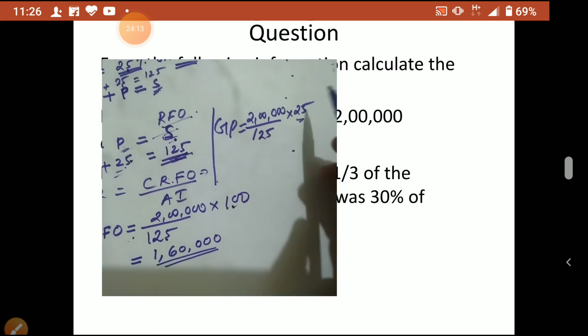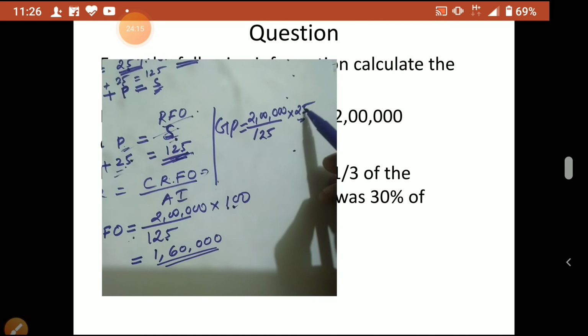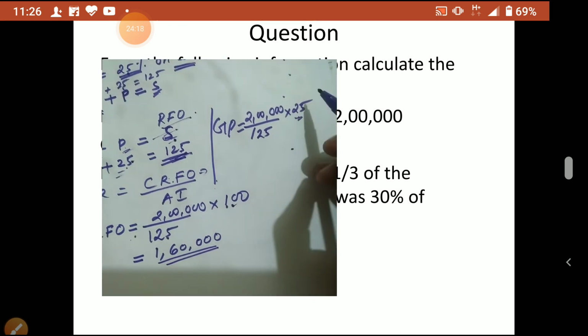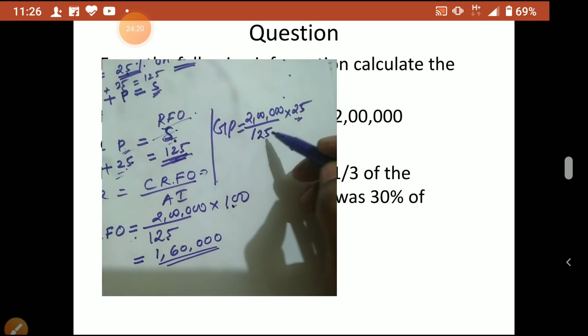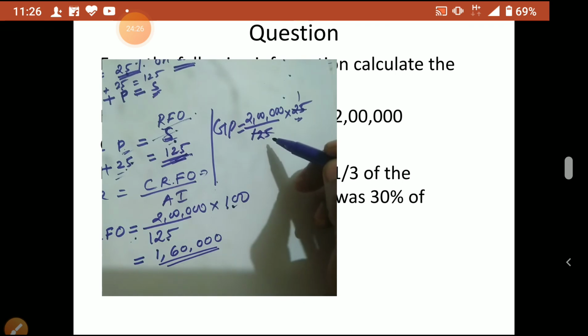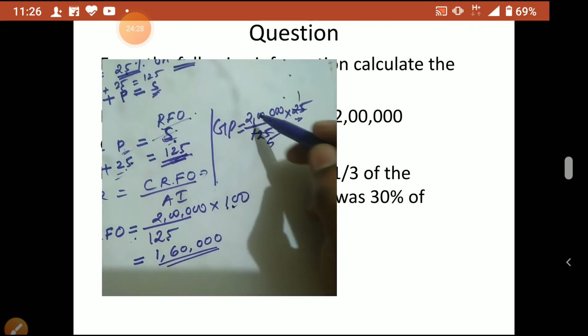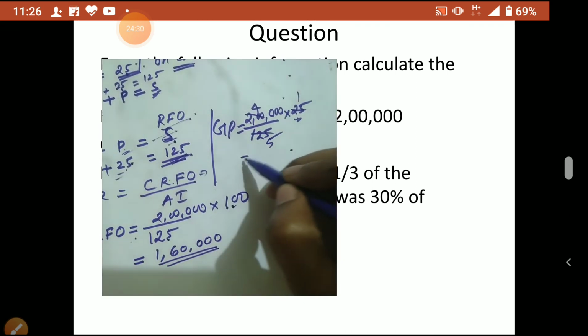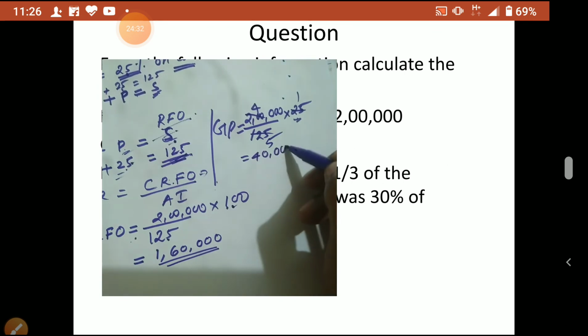Already I told you one day, what you need, into that you have to multiply. Here 125, 25, 5, 5, 125, then 4. So gross profit will come 40,000.